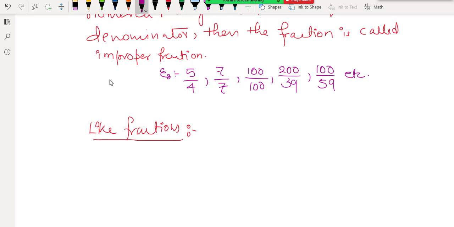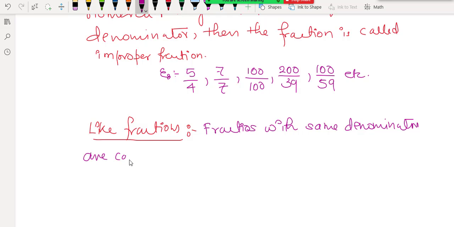You people are very smart. Fractions with same denominators are called like fractions. That's good.